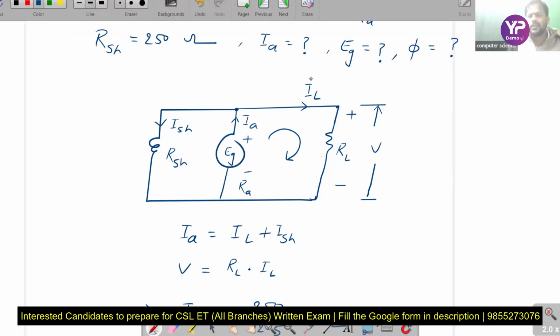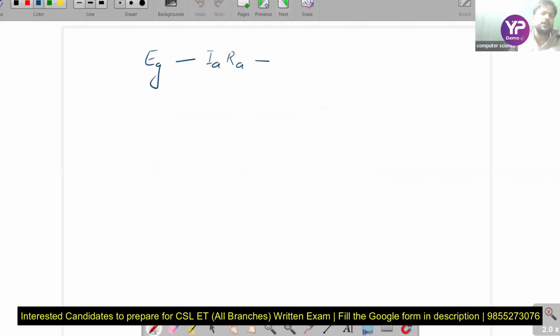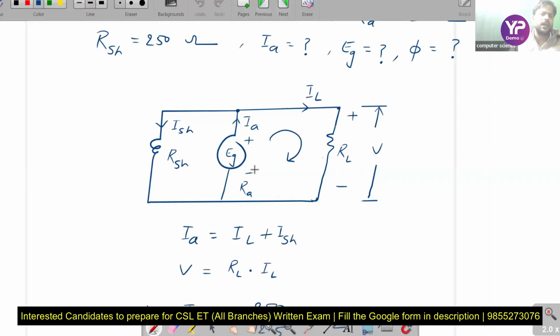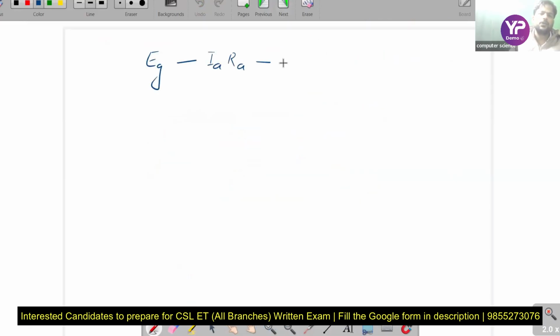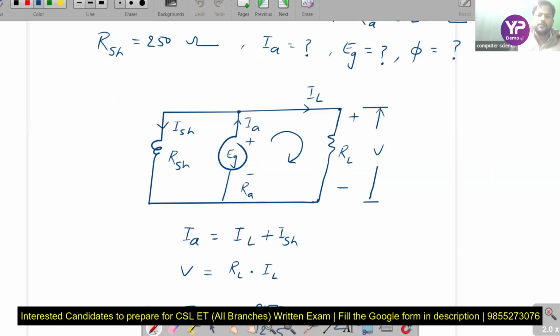To write the KVL equation, we use the ending polarity of every element. So EG minus IARA minus V equals 0.